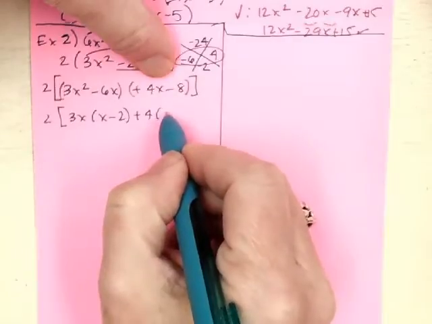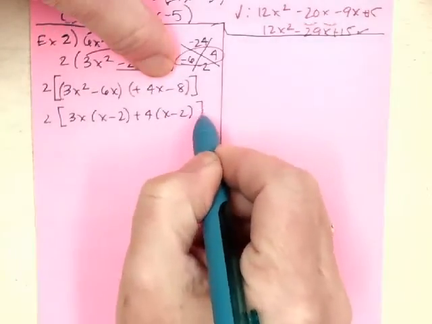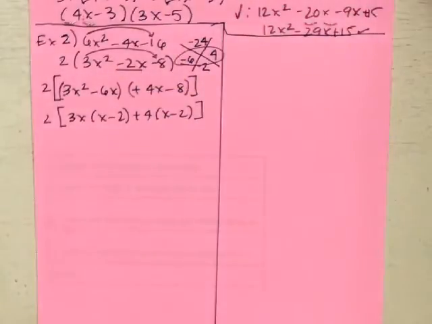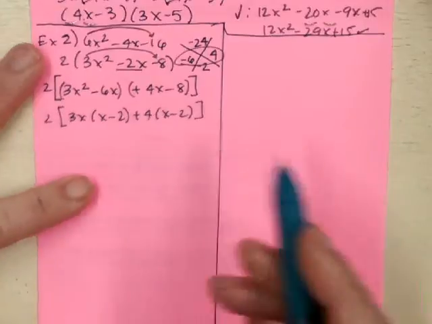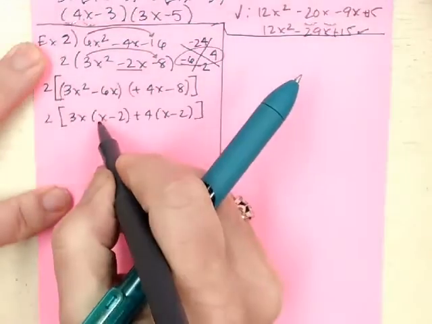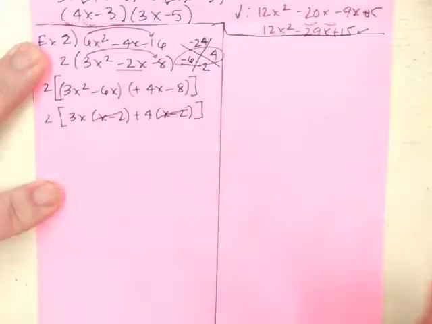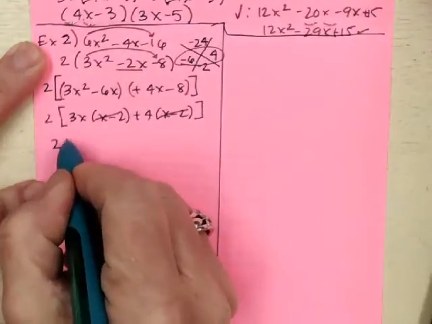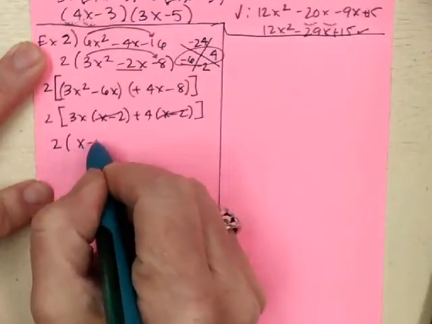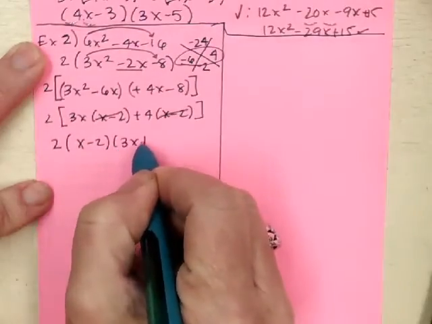And that leaves me with x minus 2. And that's why I use the square brackets, because when you start putting parentheses within the parentheses, it's easy to get lost and confused. So now, my common term, my common binomial, is x minus 2. That's what I'm going to factor out. Now I can get rid of the square brackets. I've got x minus 2 and 3x plus 4.